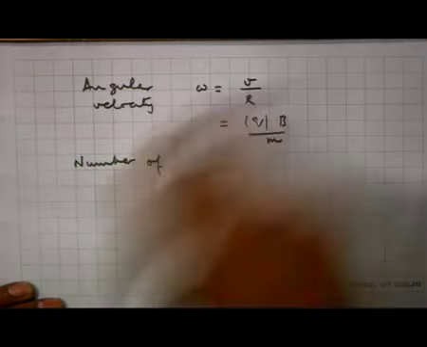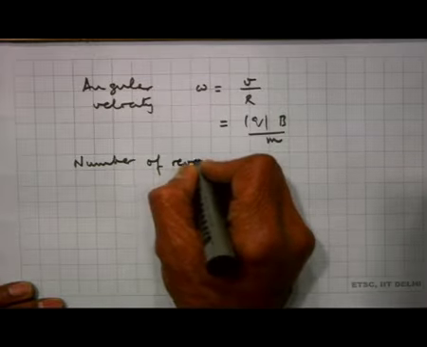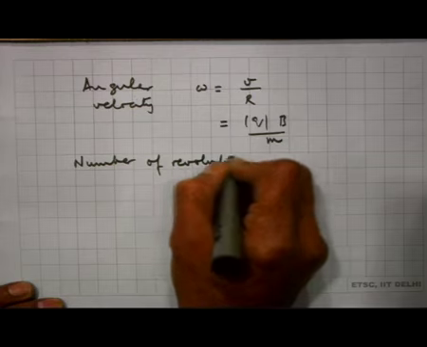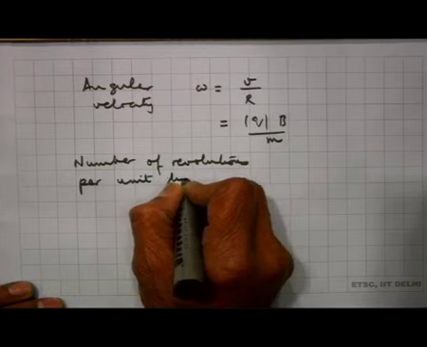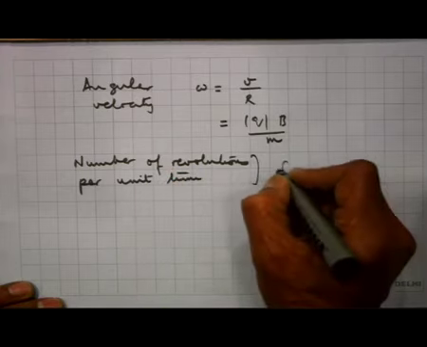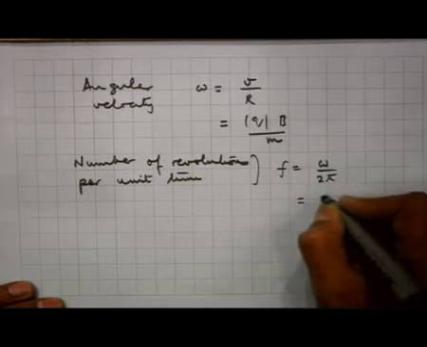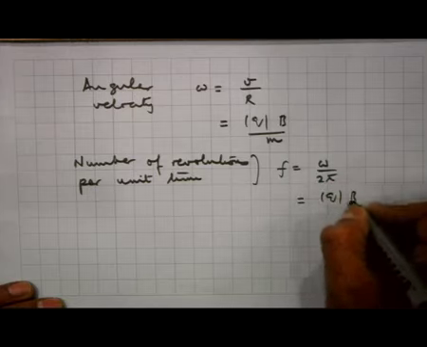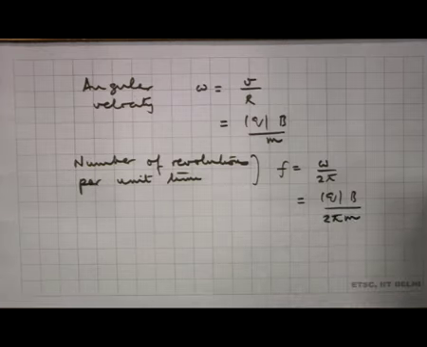The particle keeps on rotating in a circular path like this, and the number of revolutions per unit time will be f, which is equal to omega by 2 pi, which is equal to mod q B by 2 pi m. So, this is the frequency of revolution.